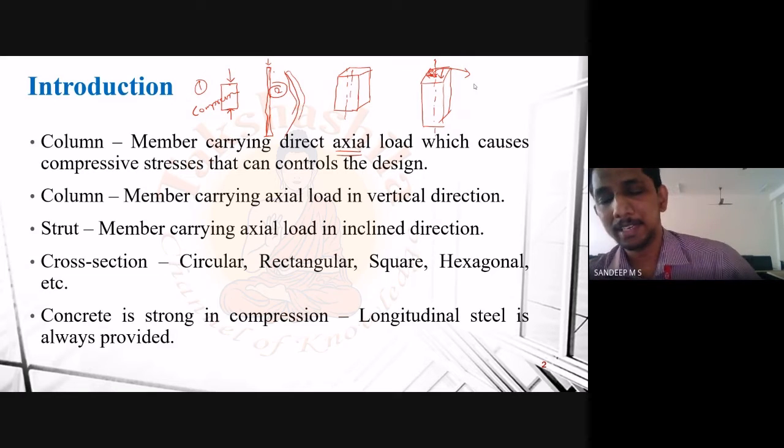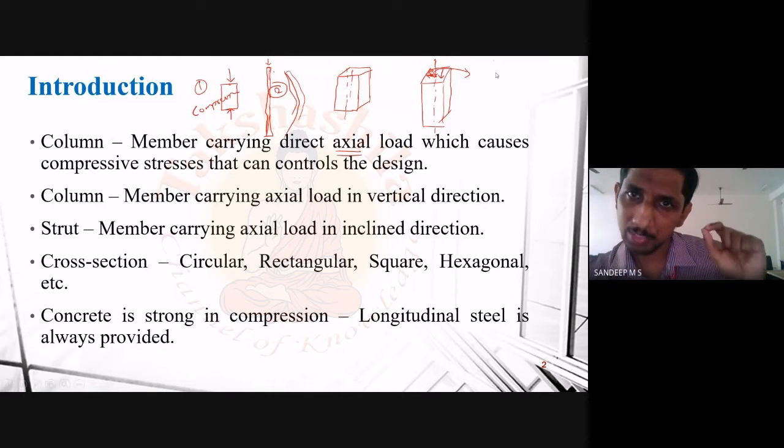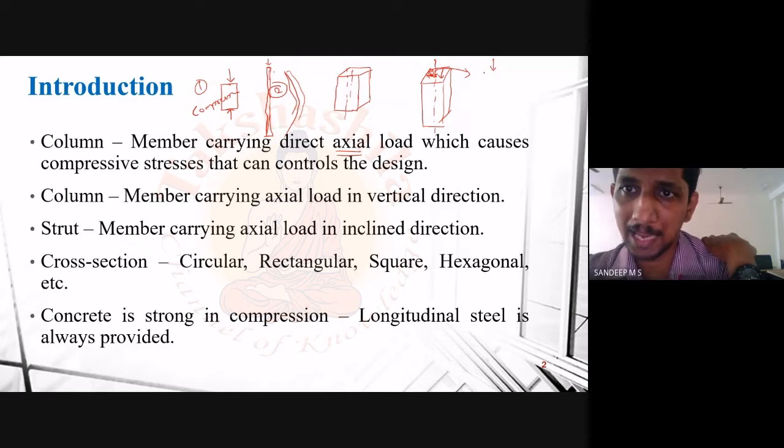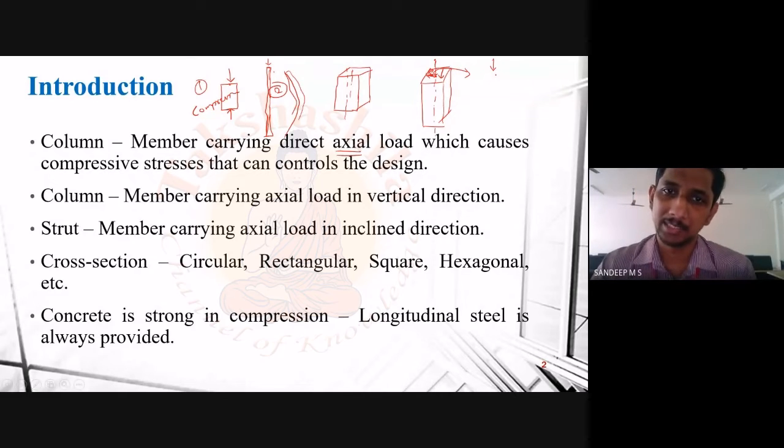When we design a column, we usually classify the design into two parts. In the first, we assume that the load is perfectly axial, and we call such columns axially loaded columns. In that we will have pure compression. The effect of bending will be very less in that.